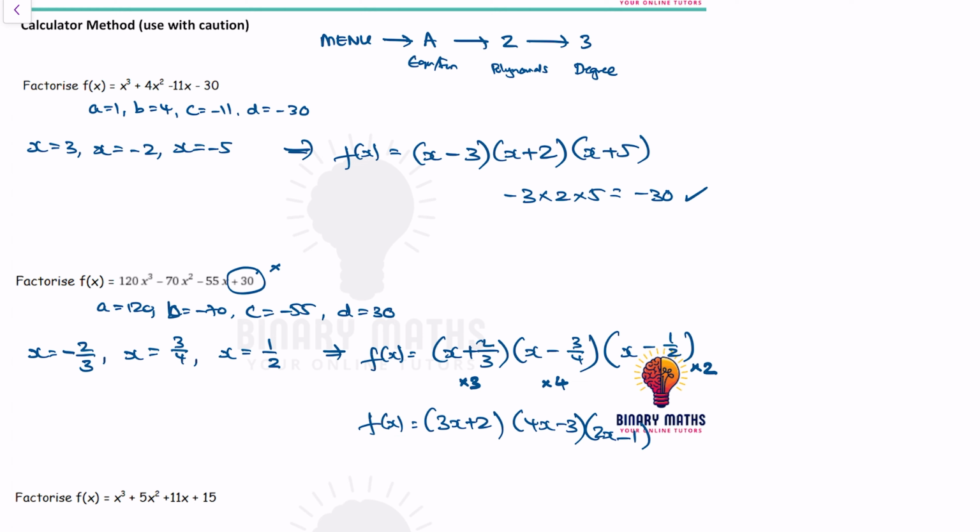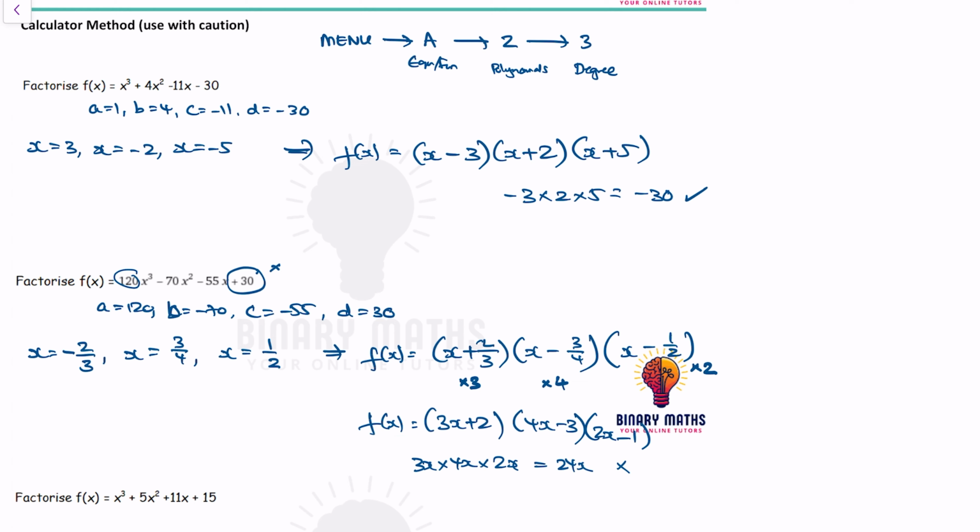Now if I multiply out some of these things and check it, let's see if it works out. Does 3x times 4x times 2x give me the 120x cubed that I want? 3x times 4x times 2x gives me 24x cubed, which is not right.